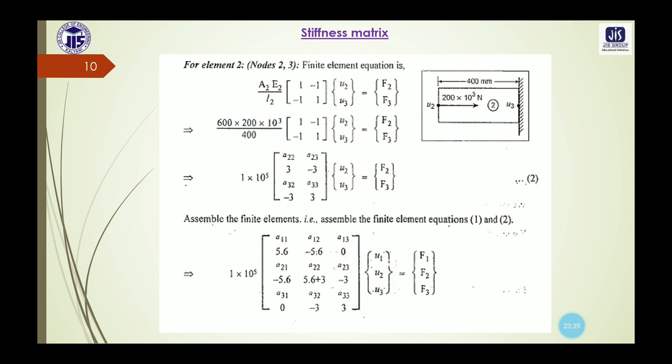Now the finite element equation for this element 2, corresponding to nodes 2 and 3, can be represented as A2 E2 by L2 multiplied by the symmetric matrix and multiplied by the column matrix of U2 and U3, because we have nodes 2 and 3 here. So the displacements that we need to consider are U2 and U3, and the forces for these two nodes are F2 and F3. We need to put the values of the cross sectional area, the Young's modulus and the length here, and finally after the matrix multiplication we get equation number 2.